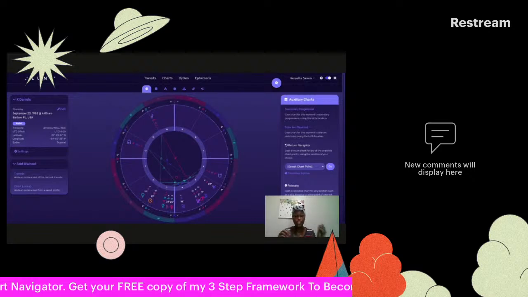The houses and the signs are two totally separate entities. They do have some similarities, but they are not interdependent. They function as separate entities.